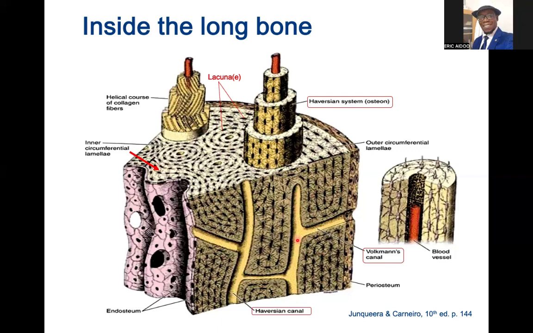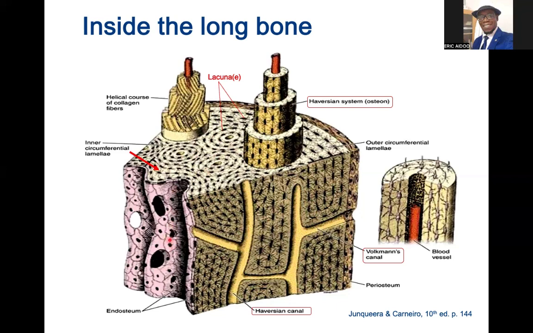Then you have this vertical canal known as the Haversian canal, which will contain VAN and L, where V stands for vein, A for artery, N for nerve, and L for lymphatics, to give nutrition to the bone.